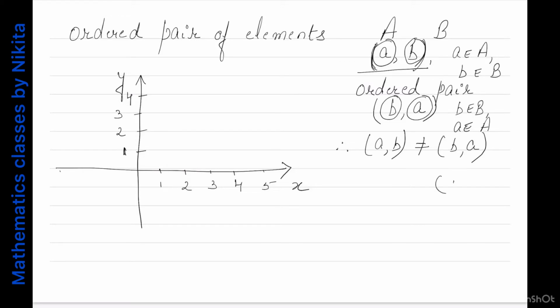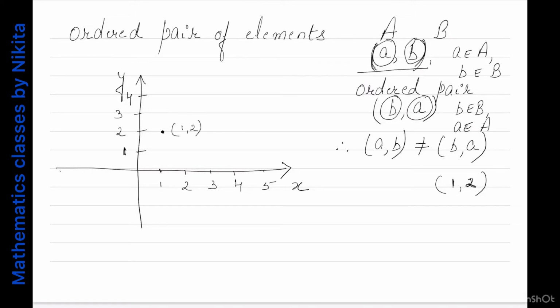First of all, let's find 1, 2. So 1, 2 means that the x coordinate is 1 and the y coordinate is 2. So that means the point lies somewhere here in the two-dimensional space. So this point is 1, 2.